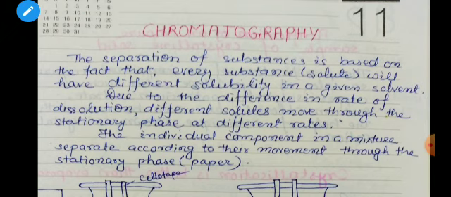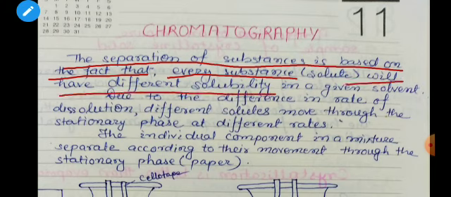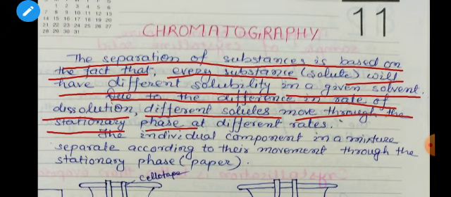Students, as we are discussing the base on which the separating method is selected, the separation of substances is based on the fact that every substance or solute will have different solubility in a given solvent, and due to the difference in rate of dissolution, different solutes move through the stationary phase at different rates.